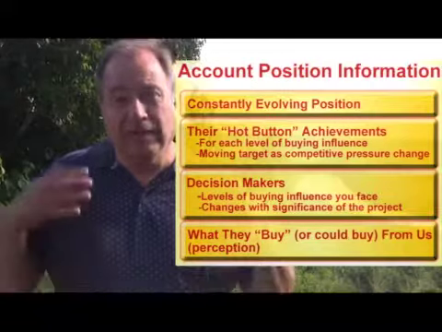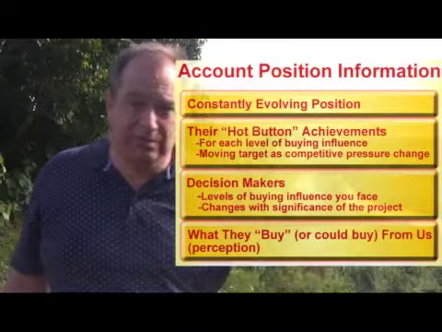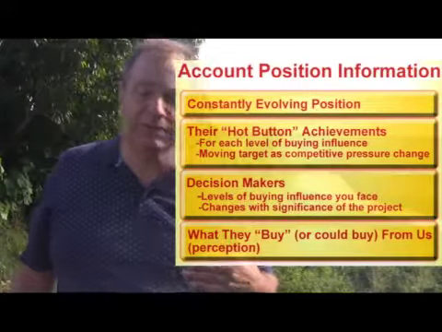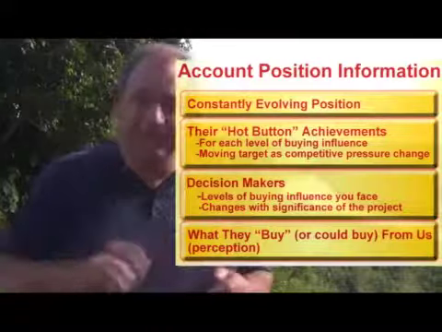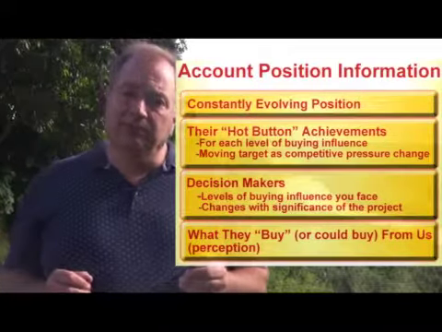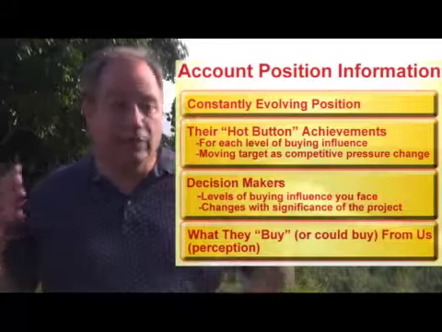So we have an inventory for each person. We've got some notes about our position, some notes about performance pressures, and some notes about what achievements we could place on their performance pressure. So that's the account management stuff we are dealing with.